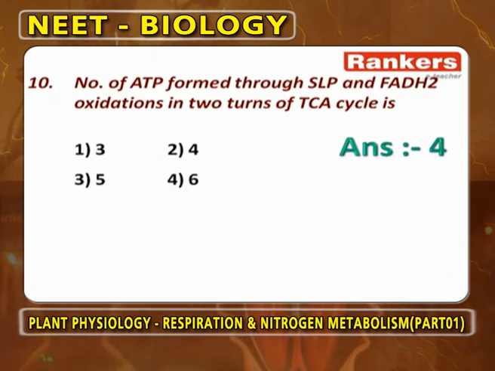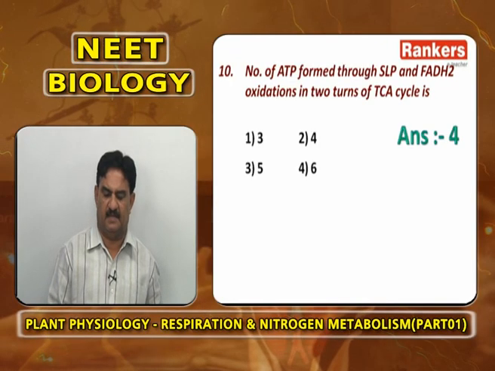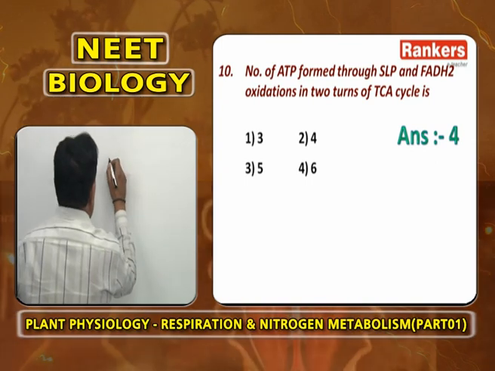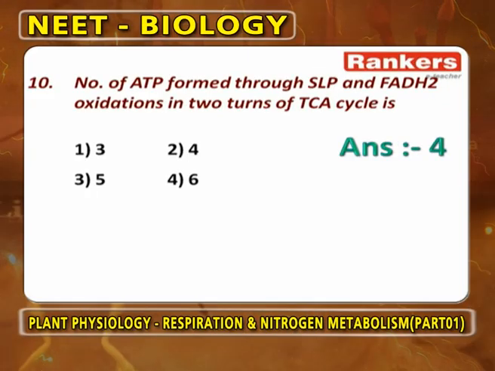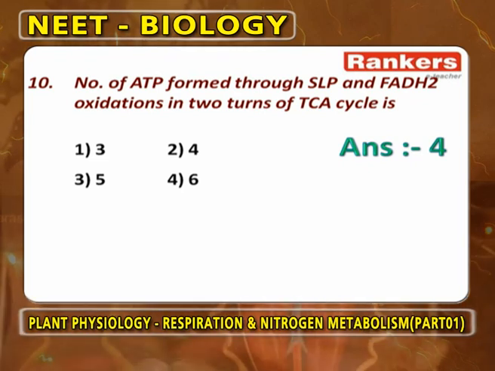The number of ATP formed through substrate level phosphorylation and FADH2 oxidation in 2 turns of Krebs cycle. The number of ATP per Krebs cycle turn by substrate level phosphorylation is 1. This forms when succinyl coenzyme A converts into succinic acid.